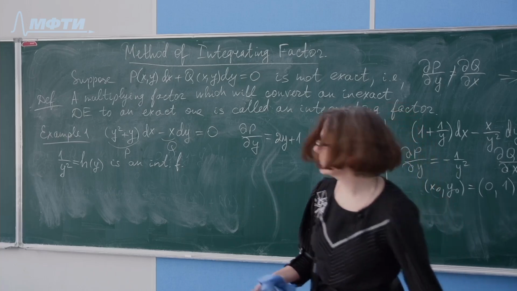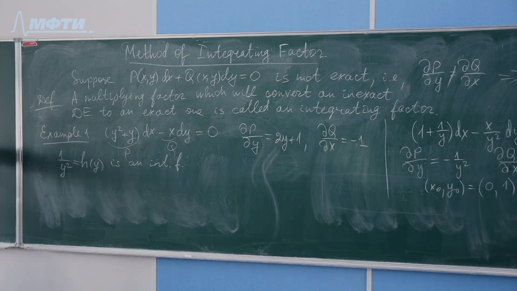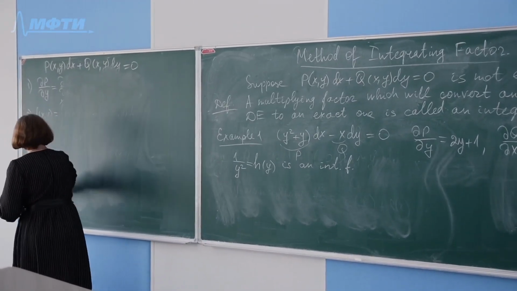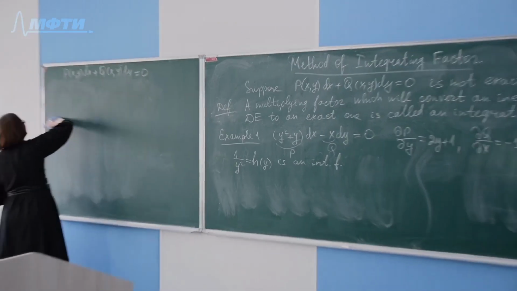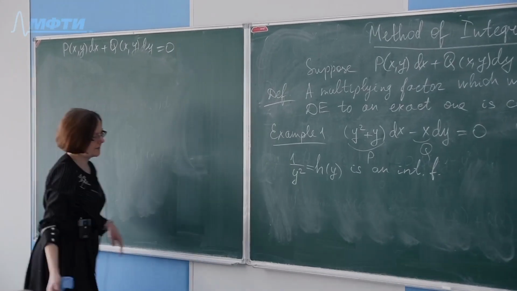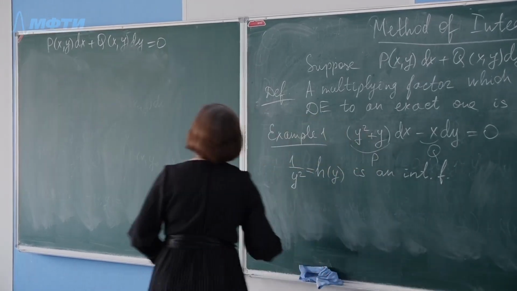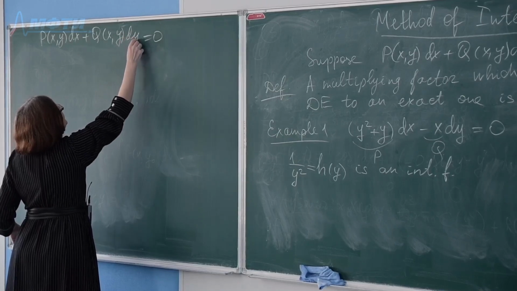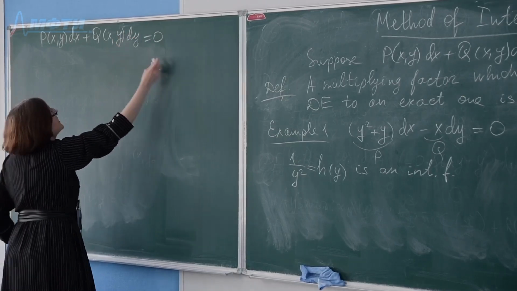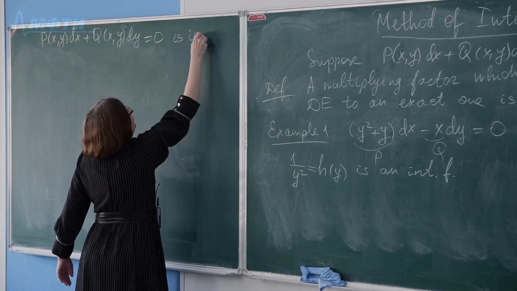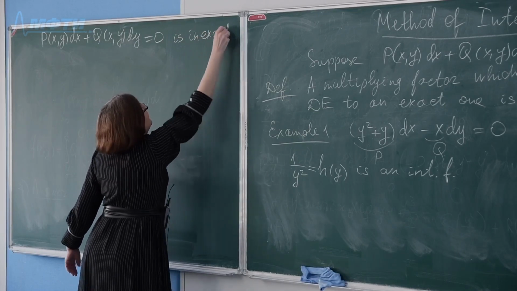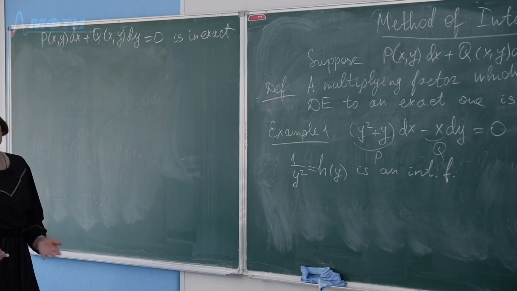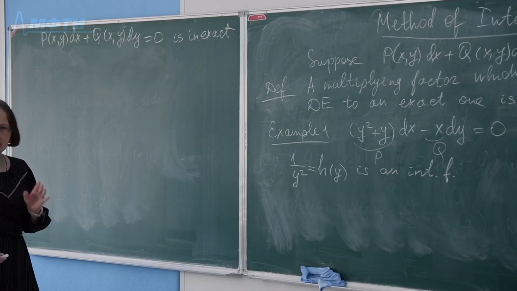Okay, so I will use that part of the blackboard. Okay, so given this equation, which is inexact, suppose this equation is inexact. Let's try to choose an integrating factor depending only on one variable, say x.